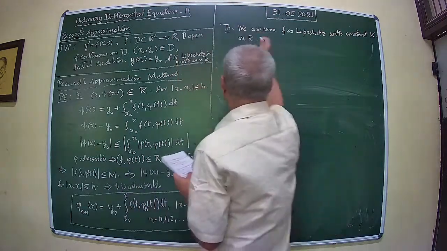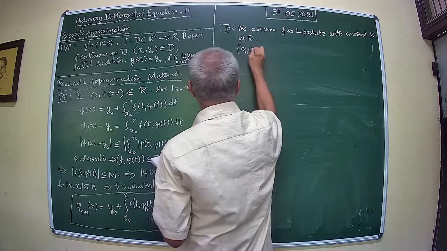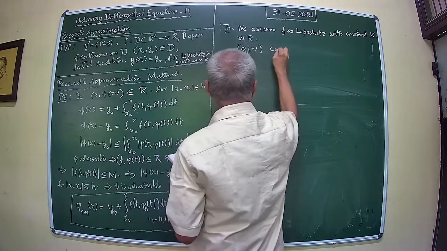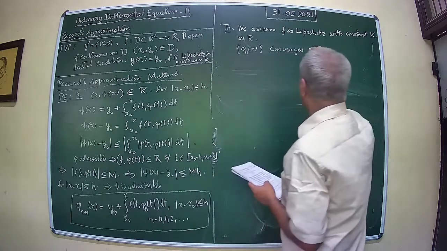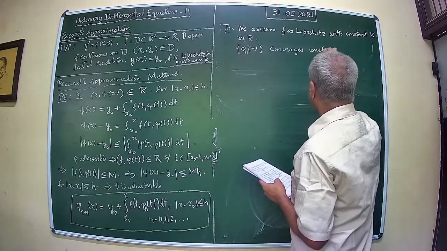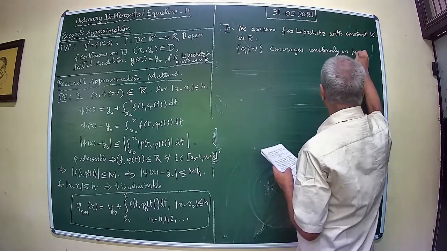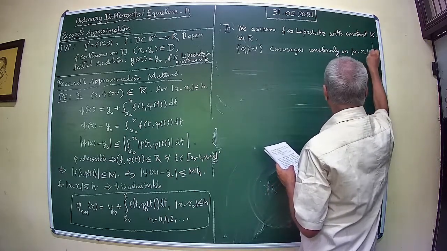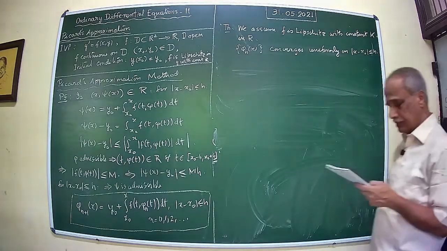Then what you prove is this. The sequence phi n converges uniformly, that is one statement.